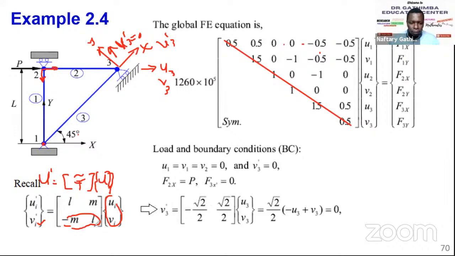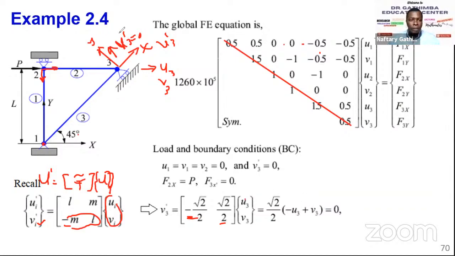This is minus M, L, then you multiply by U3, V3. And you have already gotten what L and M are at this element 3. So at the end of it, V prime 3 can be expressed using U3 and V3 in the global coordinate system, which is equal to 0.